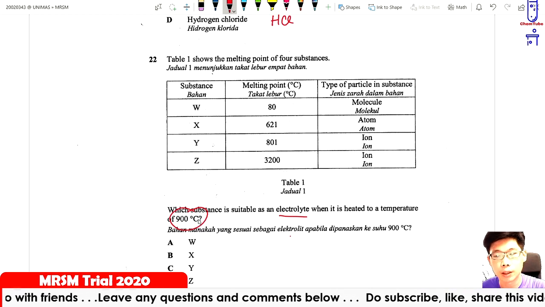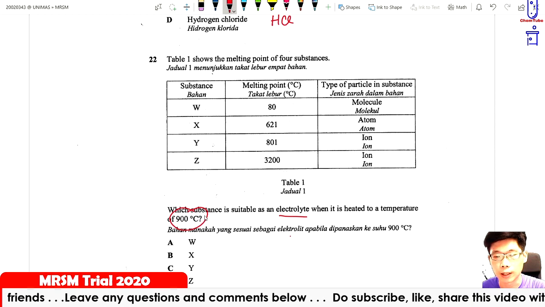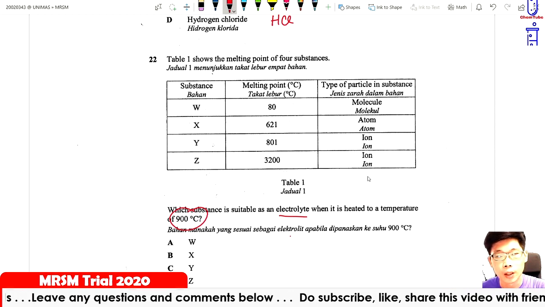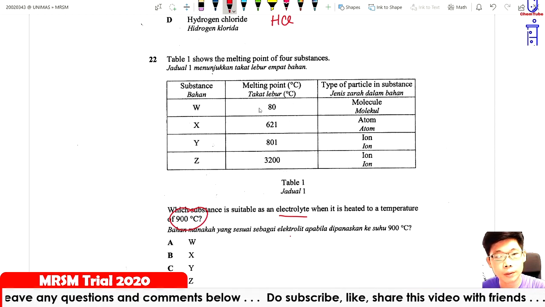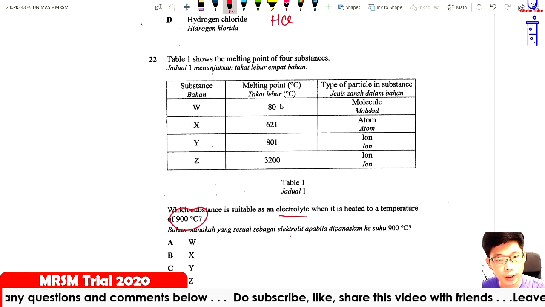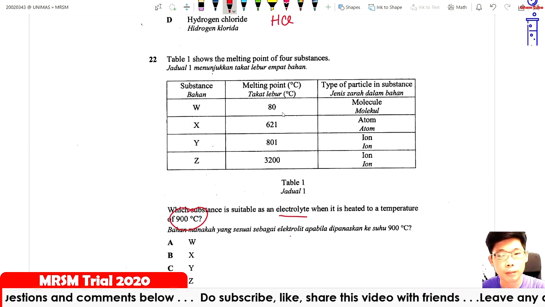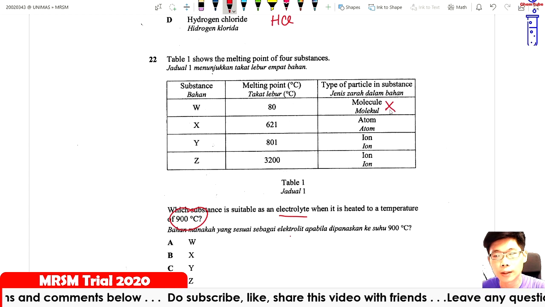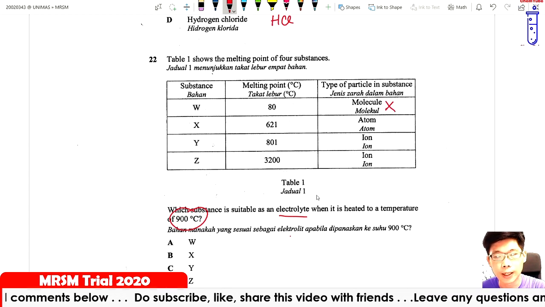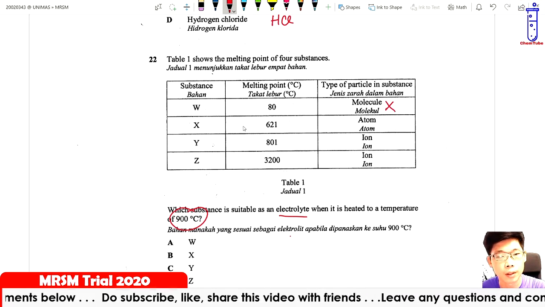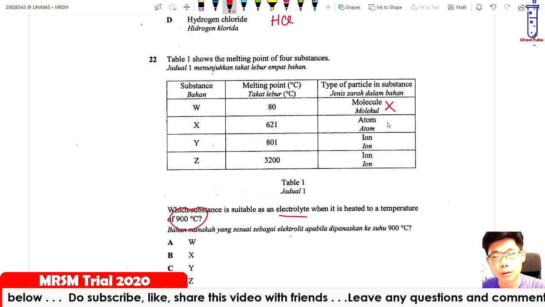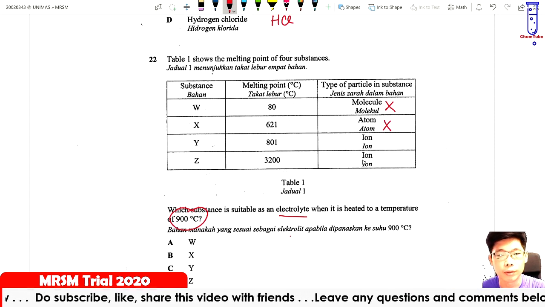Otherwise, it still exists as a solid, so it cannot conduct electricity. First one, W, we can see the melting point, it melts already, but it is a molecule, so no ions, cannot become an electrolyte, no freely moving ions. X also, atoms, no freely moving ions.